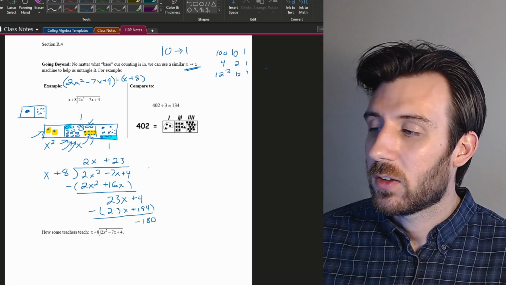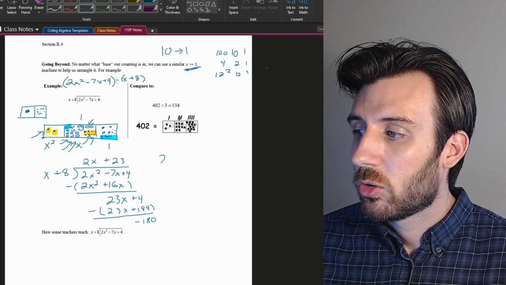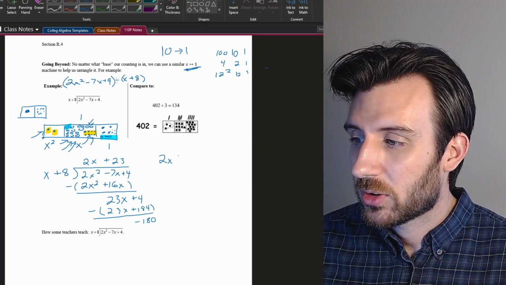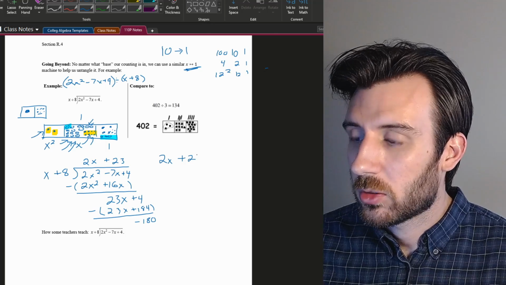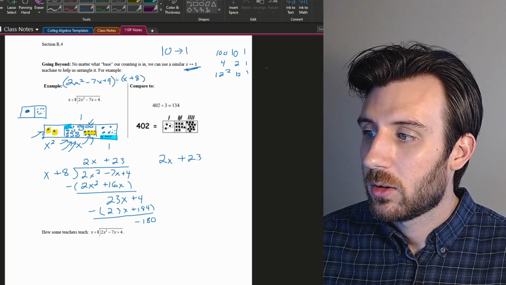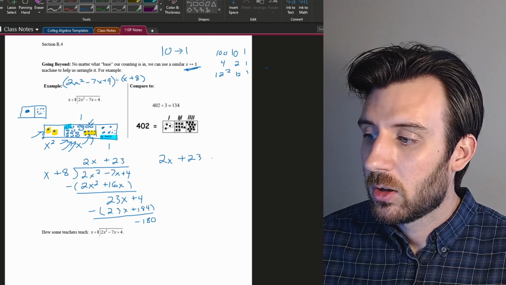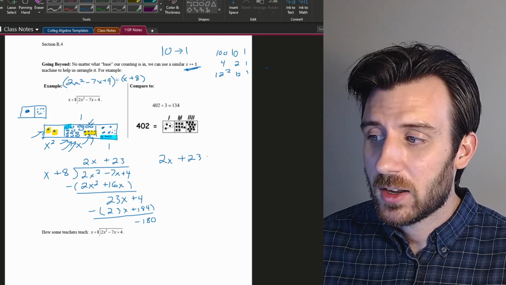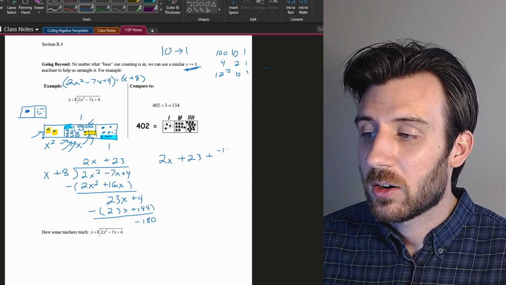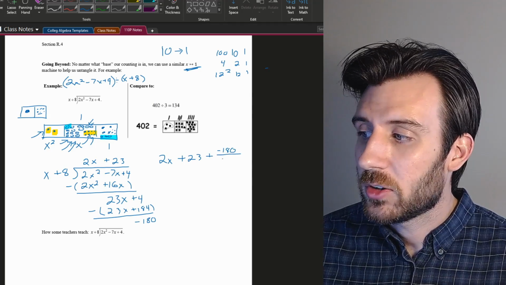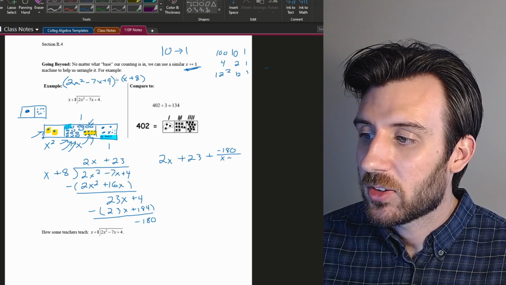So in all, when I finish all of this up, I would have 2 groups that I was able to have in the X category, 23 groups that were in the individual category, and then I would have a remainder of 180 that I wasn't able to divide yet. So I would have negative 180 that still needed to be divided by x plus 8.